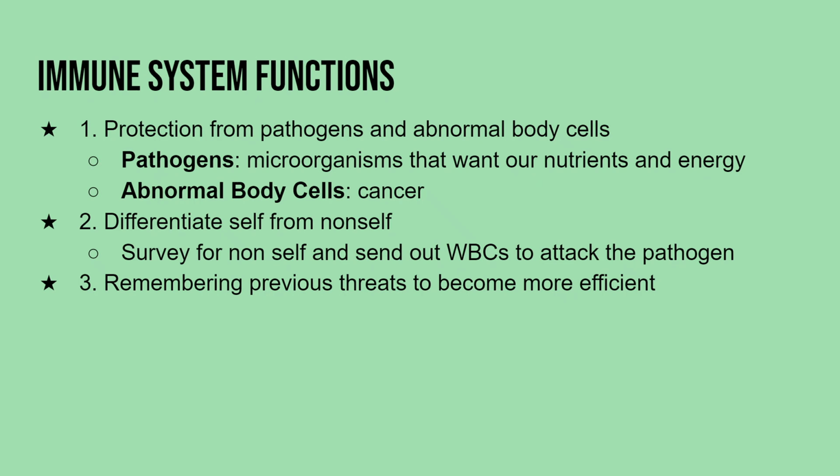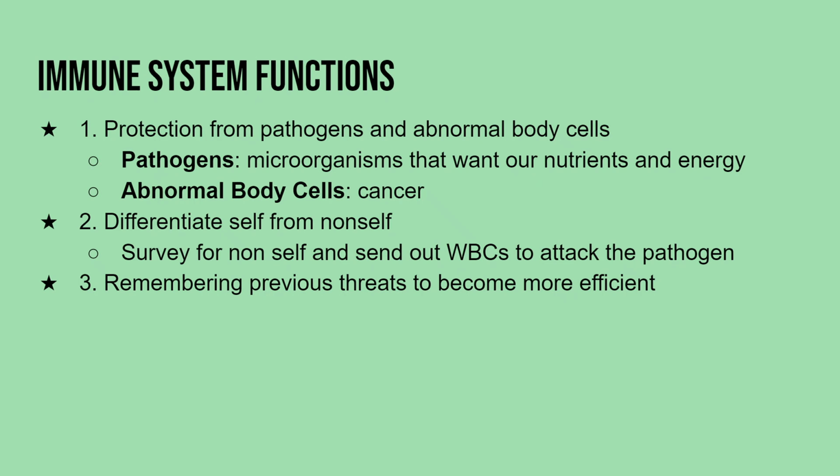The first function is to protect from pathogens and also abnormal body cells. Quick definition: pathogens are any microorganism that wants our nutrients and energy and is entering the body, so anything in our body that we don't want there. Abnormal body cells are like cancerous cells proliferating at an abnormal rate.